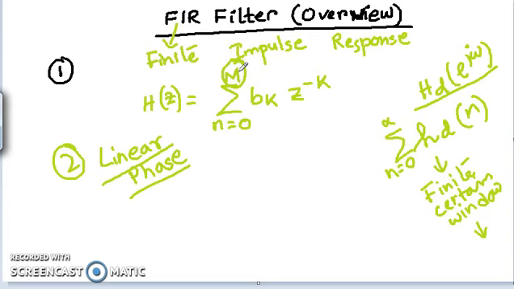Because we are only taking care of zeros, naturally a large order, which makes the filter much costlier. But if the requirement is linear phase, we have to use FIR. So this is the importance of FIR filter.